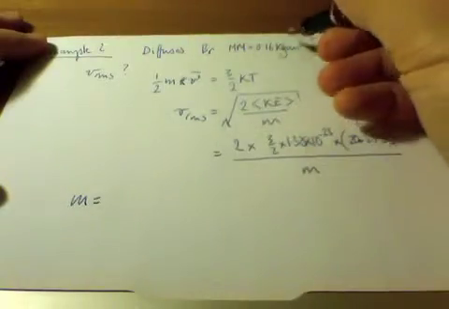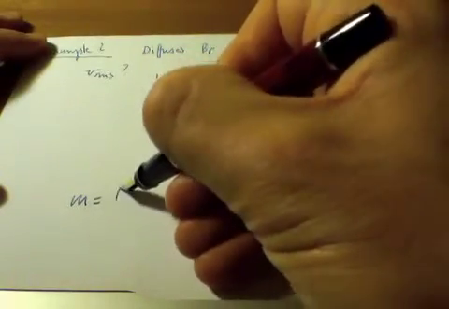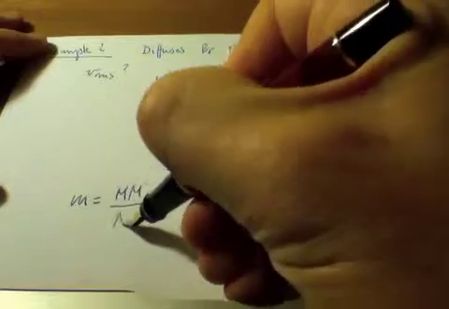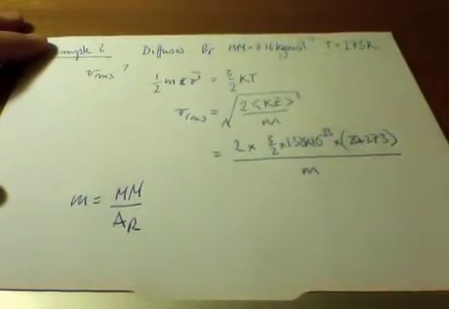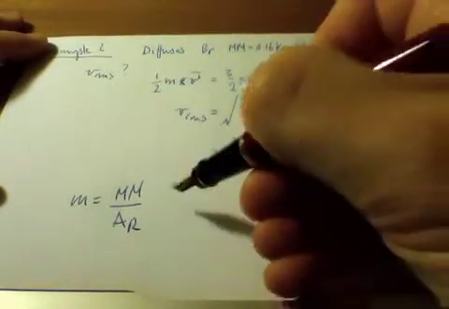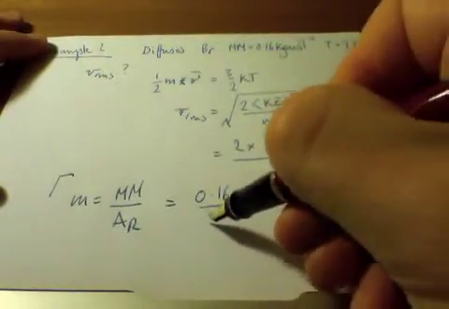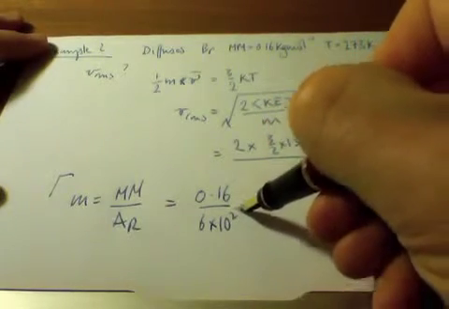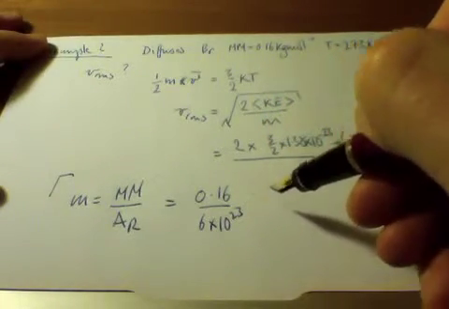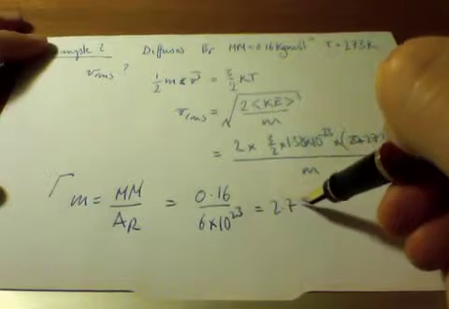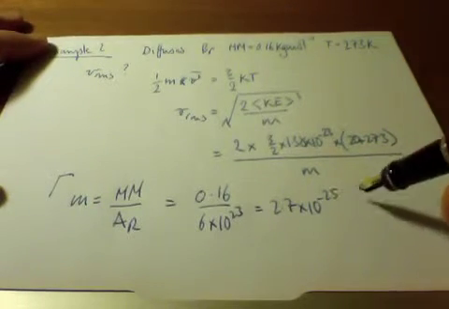Okay, I think that's fairly straightforward. The molecular mass divided by the number of particles in a mole will give us the mass of the one particle. So, 0.16 divided by 6 times 10 to the 23. And that gives us 2.7 times 10 to the minus 25, I believe, kilograms.